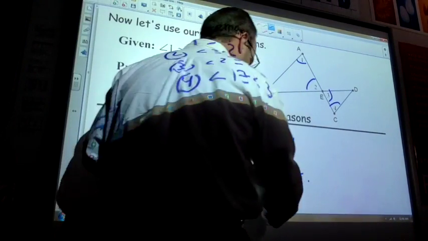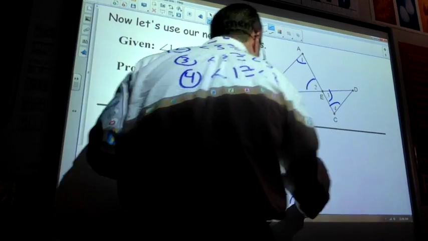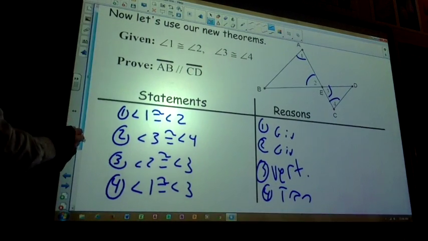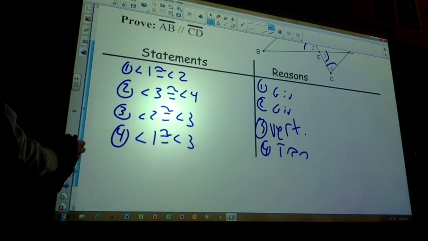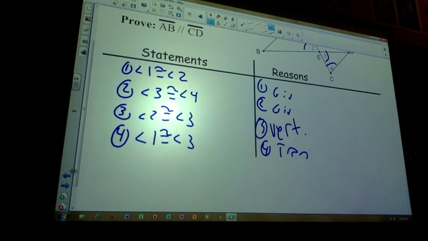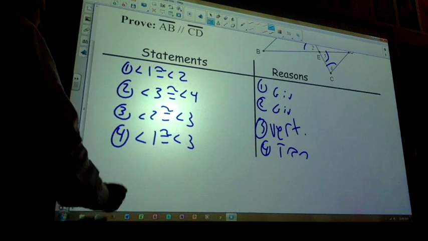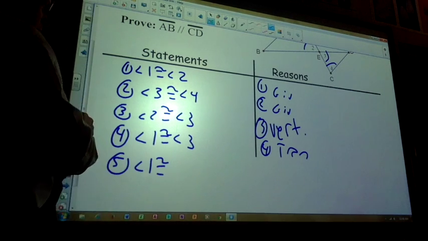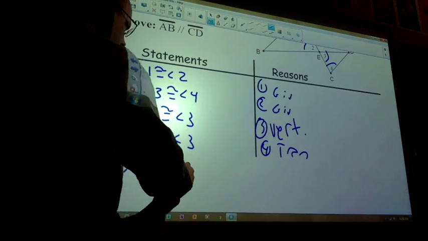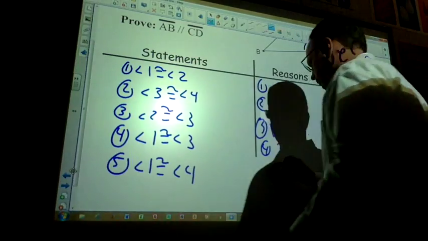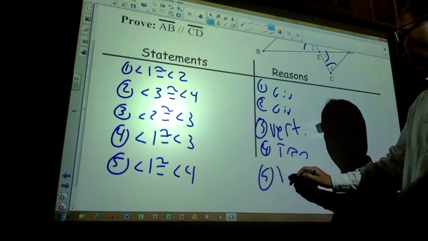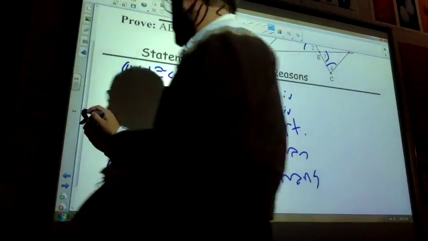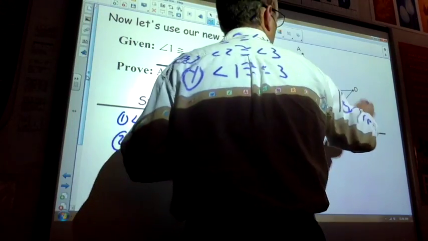That's transitive. No, that's already there. Oh, I wrote that wrong. Okay. Giddy up. And so then I get to use that. Wait. Then 1 is congruent to what? 4. Why? Transitive. Right? I can use transitive twice? Uh-huh. All right. So 1 is congruent to 4.